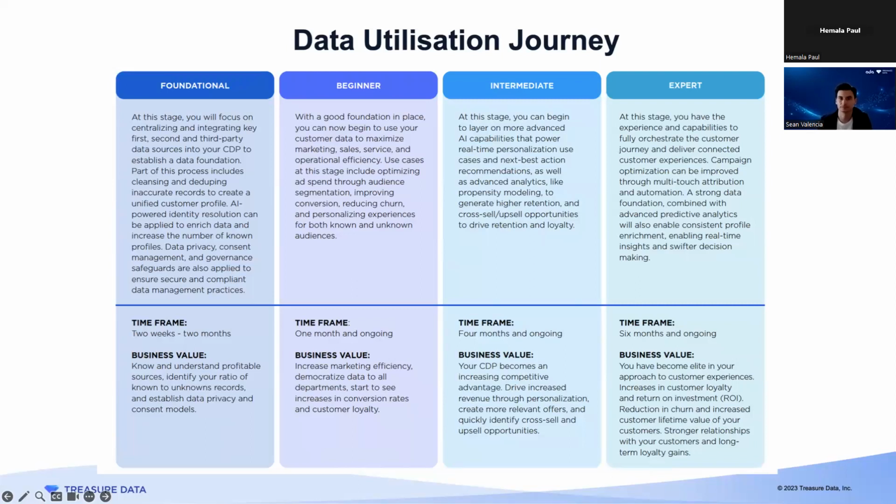And then the next step above that could be even more advanced analytics, starting to integrate machine learning more into our processes to do things like churn prediction, predicting which segments customers are likely to be in the future, and more.